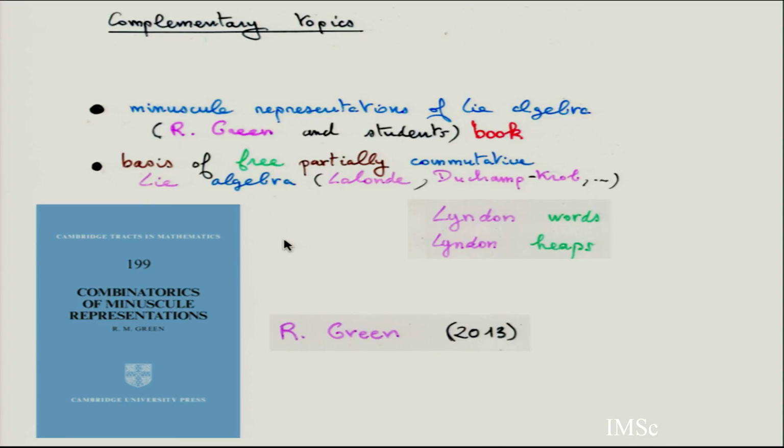If nobody commutes, you get the free Lie algebra, which is exactly what you get by taking the non-commutative polynomials in variables x and putting the Lie algebra structure on them. The non-commutative polynomials in variables x are exactly the enveloping algebra of the Lie algebra. And then it's well known that there is a basis of the free Lie algebra in terms of Lyndon words. There are many different bases.